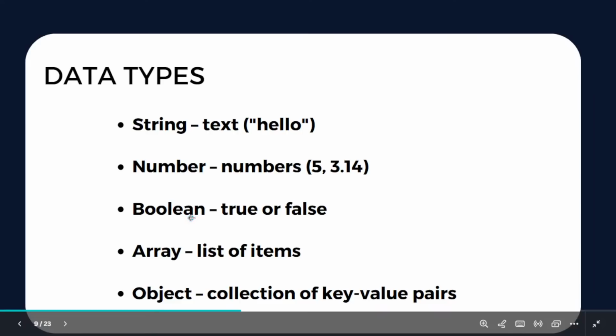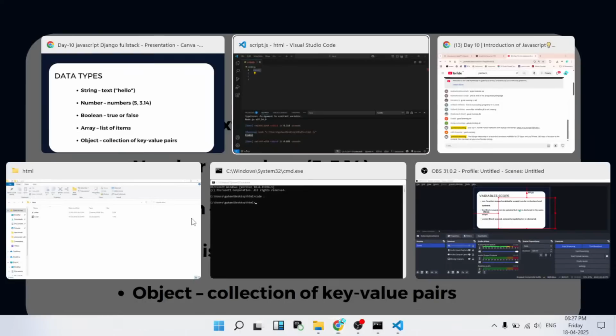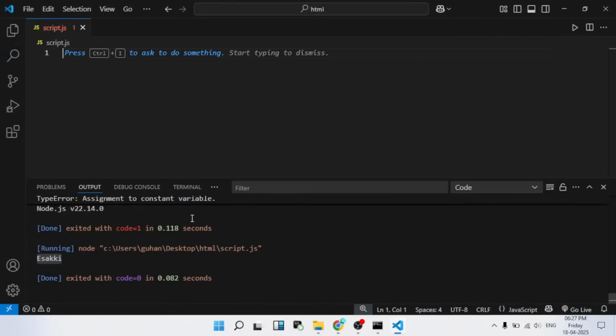And array is nothing but, array we also already saw in Python. You know list, right? How do we define list? I just mention array is equal to 0, 1, 2, 3, 4, 5. This is array.